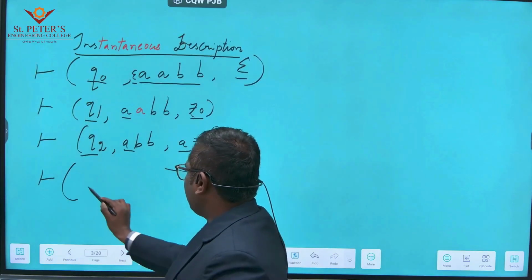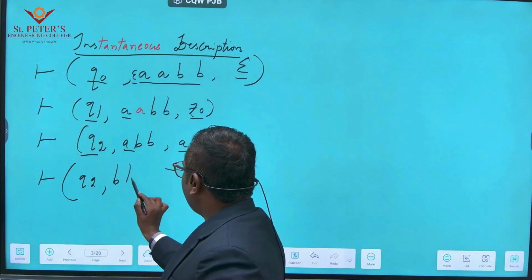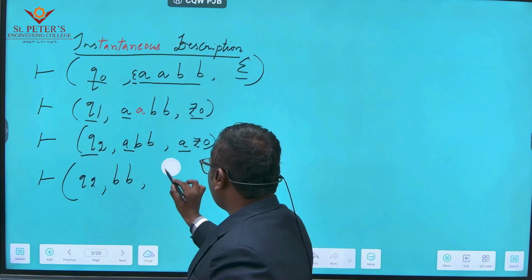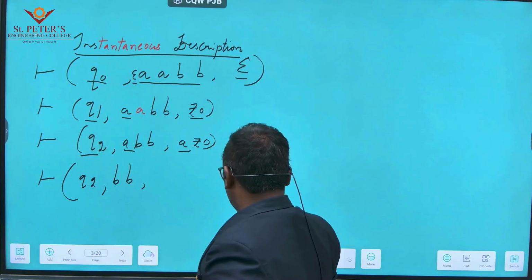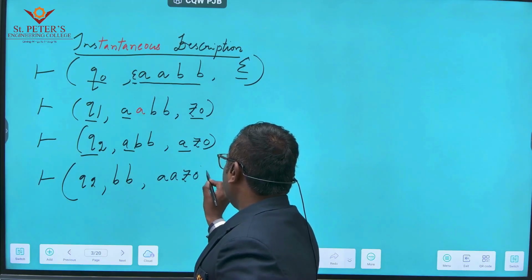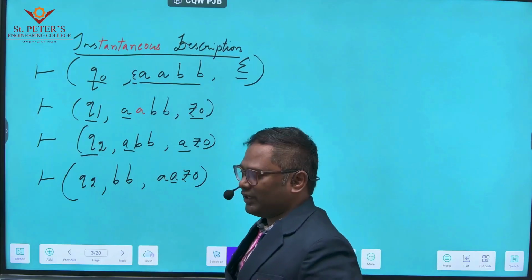Now I am still in the Q2 state. The input is BB, and whenever I am performing a push operation, two symbols will be there on the top of the stack. So I am going to add AAZ0. Initially this was your previous top of stack value, now this is the new top of stack value.